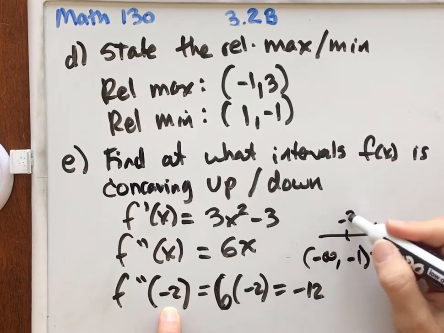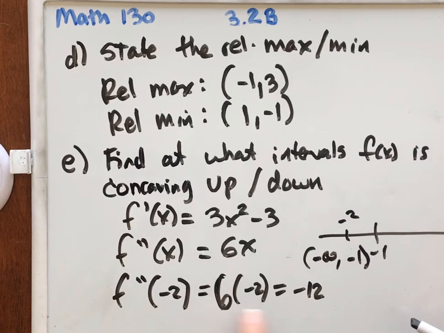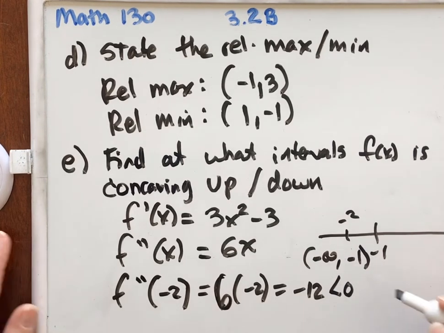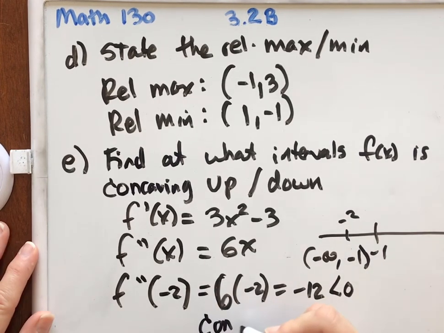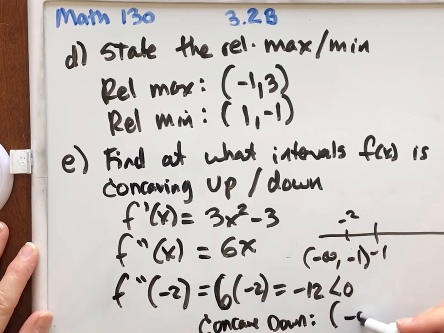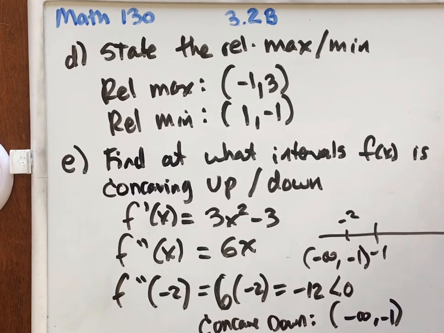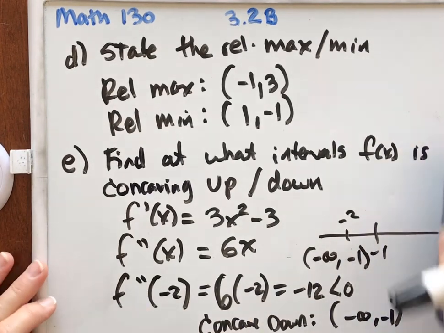So I chose -2, and when I put it in there, we get -12. And -12 is less than 0, so we know it's going to concave down on the interval -infinity to -1. So we do that with all of our intervals that we have.